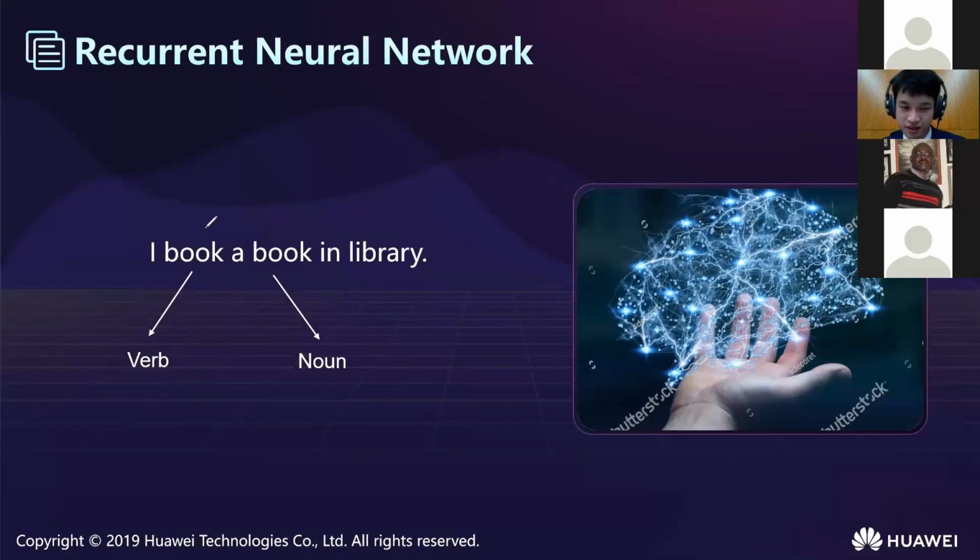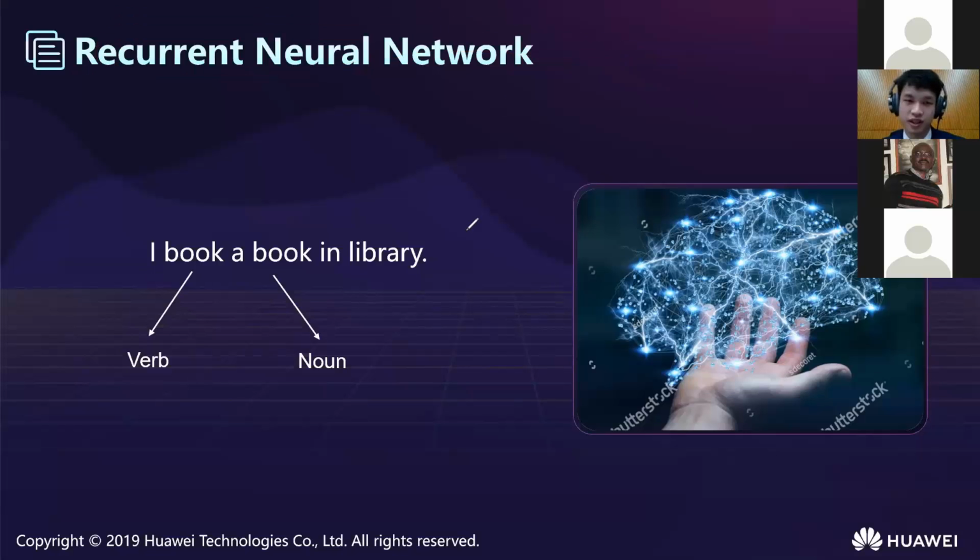We need to consider the context of the word. For example, before the book is the word I, and maybe the book is just a verb. But before the book is a, so the book will be a noun. So how to consider the context? We need to use a recurrent neural network.